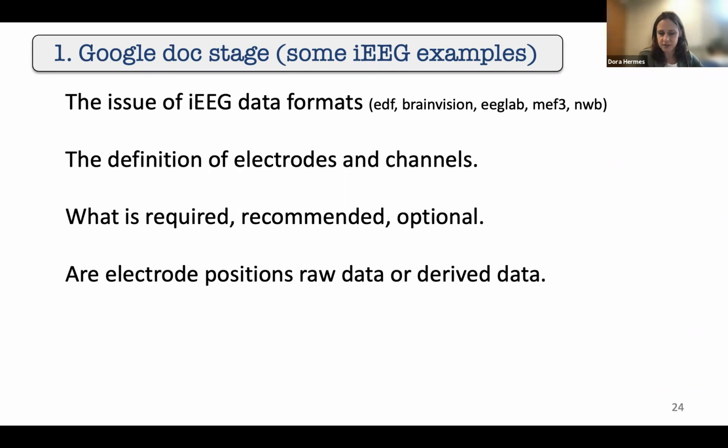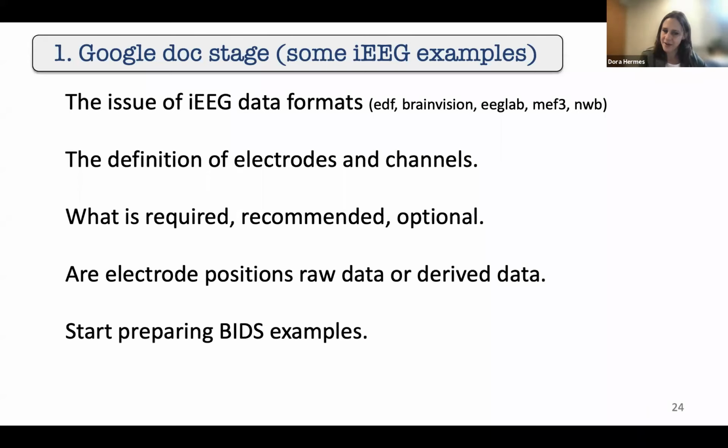Electrode positions, as we get them clinically, come from a CT, an MRI, or an X-ray. You combine and integrate those. But then we decided that electrode positions, the coordinates of the electrodes, are essential to interpret the data, and these should be stored in raw data. The reconstruction step that goes before that, where you get the pictures from the neurologist, the electrode assignment table, etc., is a type of reconstruction. That's why the electrodes, for example, are in the raw data and not in the derived data.